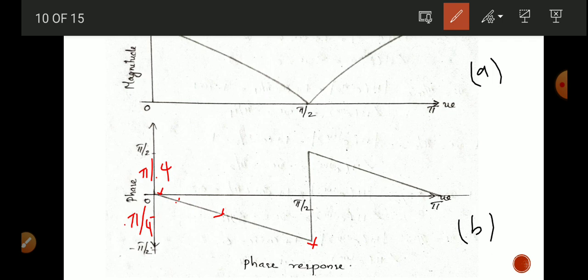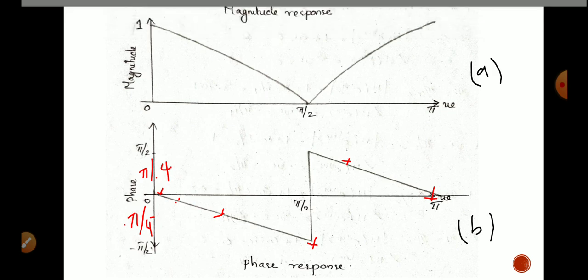At omega equal to 2 pi by 3, we have the value as 2 pi by 3. At omega equal to pi, we have the phase as 0. On plotting these values, we get the phase response. This is the way we can plot the magnitude response and phase response of a given differential equation.